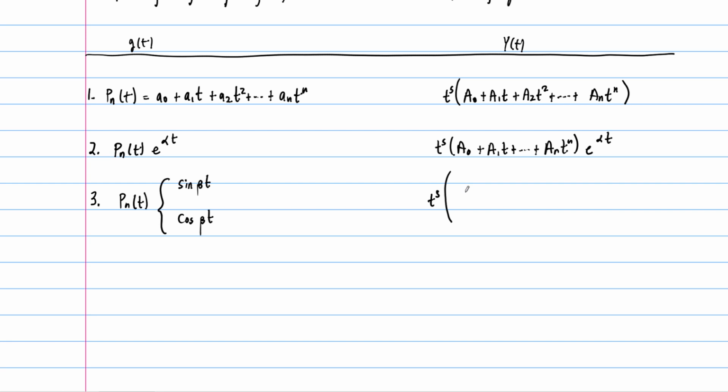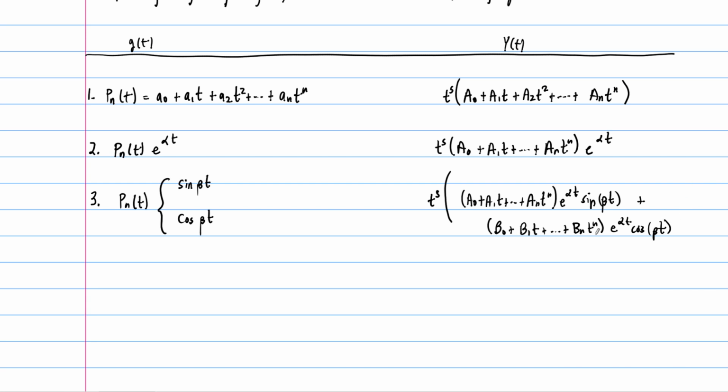So here's how we're going to write it. It's going to be a0 plus a1t plus, etc., a sub n t to the n, e to the alpha t sine of beta t, plus, and then b0 plus b1t plus, etc., all the way up through b sub n t to the n, e to the alpha t cosine of beta t.